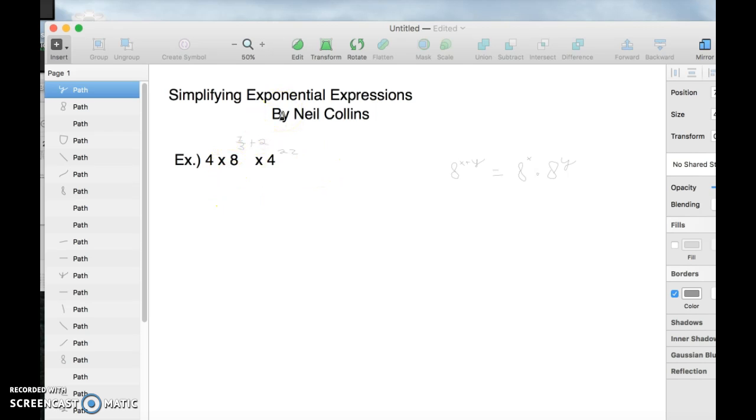So that is going to allow us to separate these two into 4 times 8. We're going to see how it's the same base, but they have two separate powers, so we're going to keep that base.